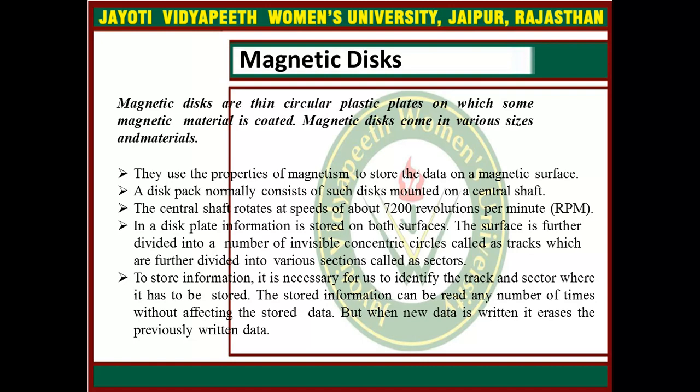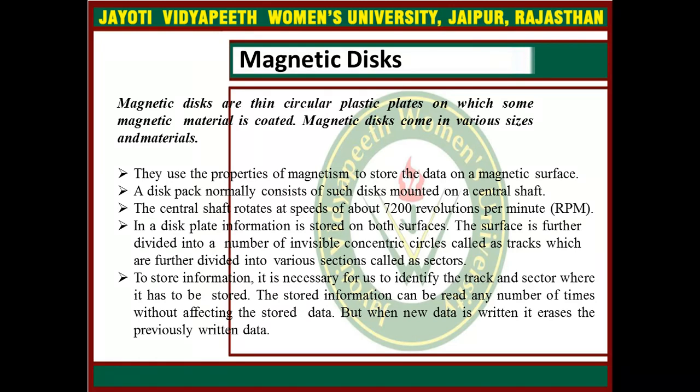In a disc plate, information is stored on both surfaces. The surface is further divided into a number of individual concentric circles called tracks, which are further divided into various sections called sectors.